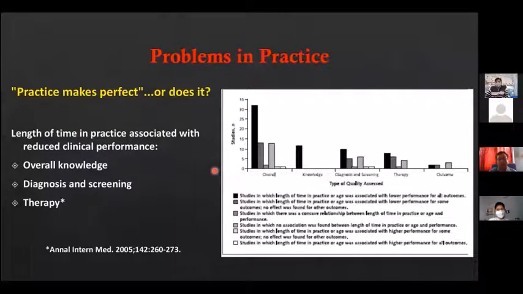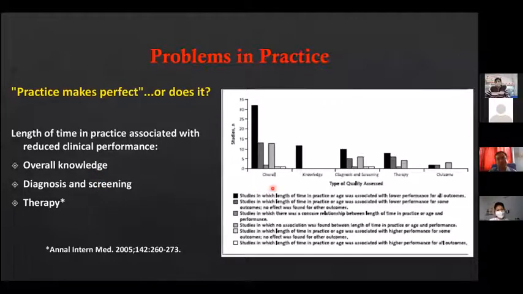There was a very important study done in the year 2005, where they observed that a medical professional who spends more time in practice shows an inverse relationship to the overall knowledge, diagnosis, and therapy provided.